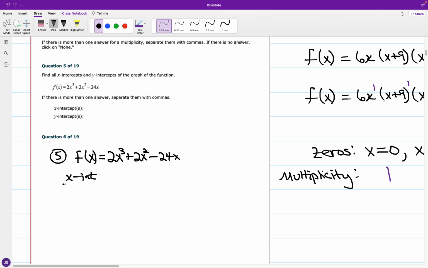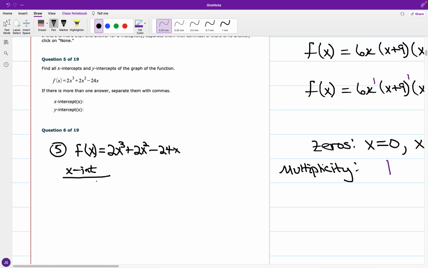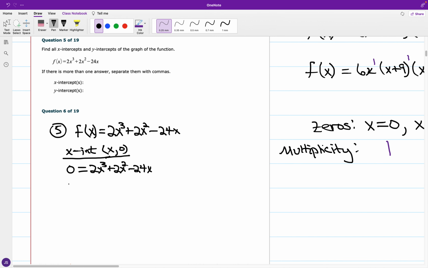For the x-intercepts, we're looking at setting y, or f of x, equal to 0 while solving for x. So we have 0 equal to 2x cubed plus 2x squared minus 24x, and we'll just keep these sides as they are.